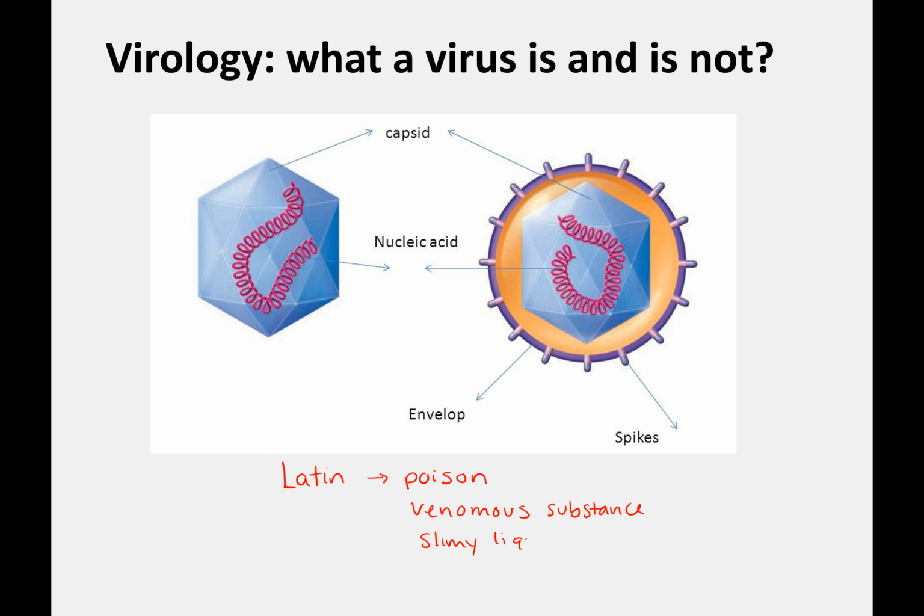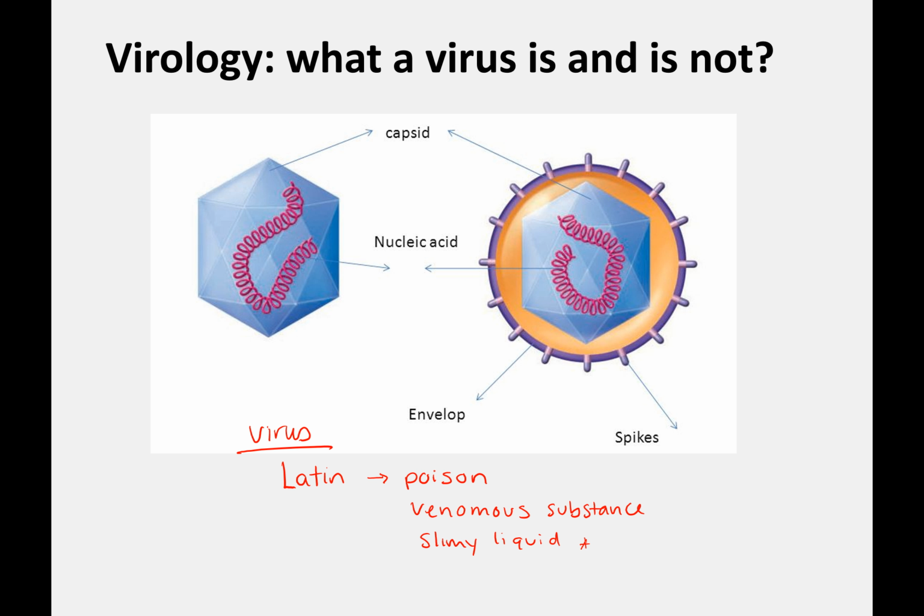I'm not exactly sure how all of these make the word virus, but one of the reasons we'll talk about in a minute that it was thought to be a slimy liquid is viruses were first discovered in the sap of plants as something that was contagious or infectious from plant to plant.